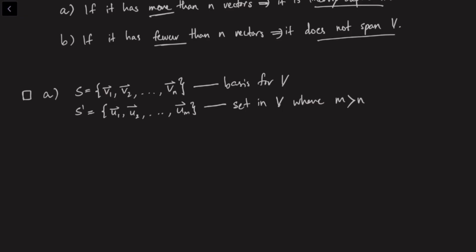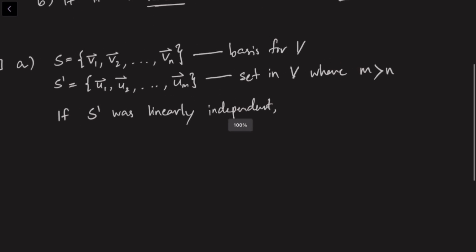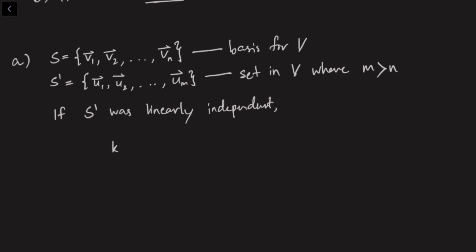So let's see, what do we have to prove? If S prime was linearly independent, then this would be true: a linear combination k1 u1 plus k2 u2 up until km um equals 0.